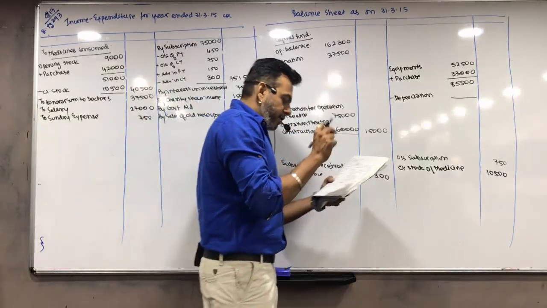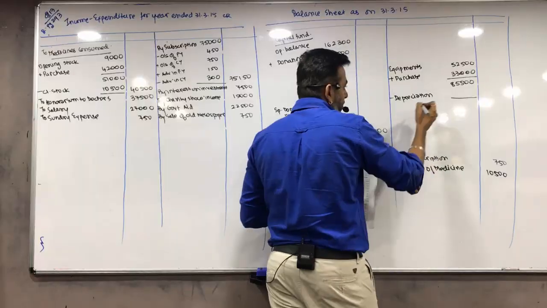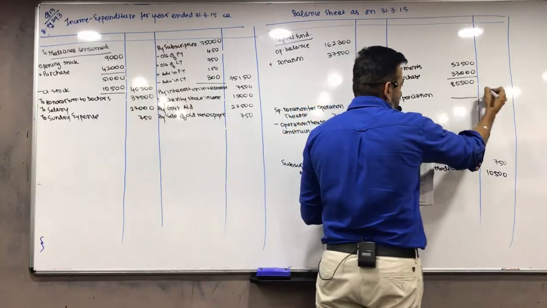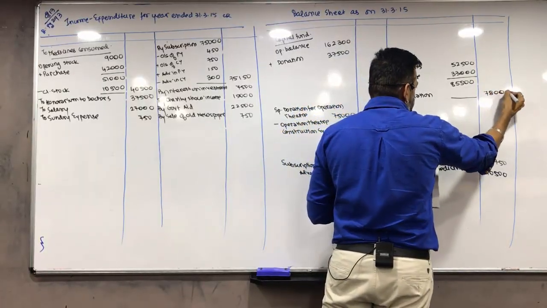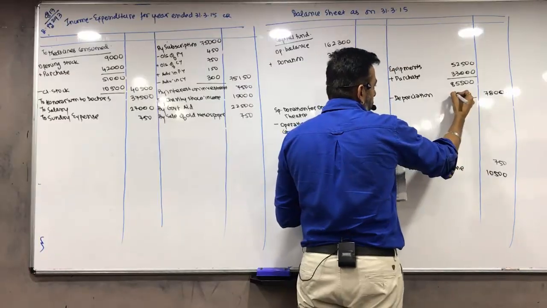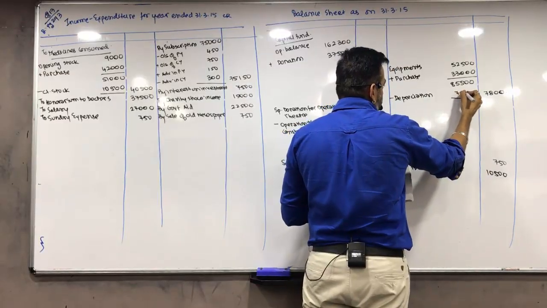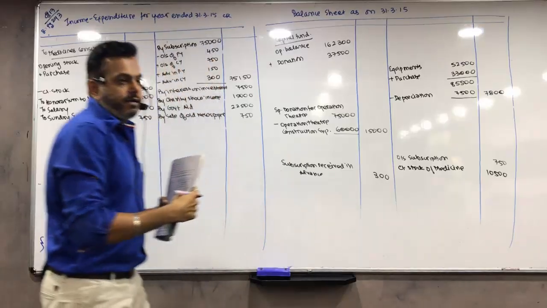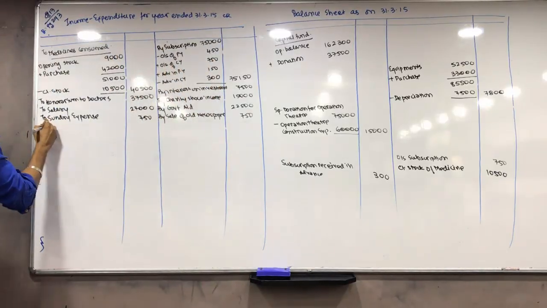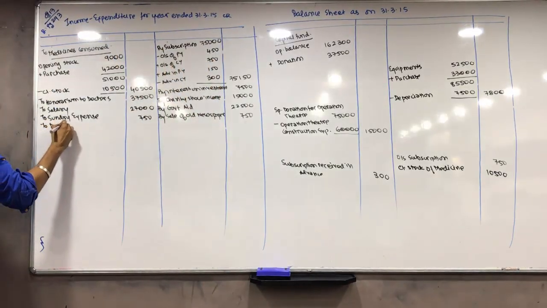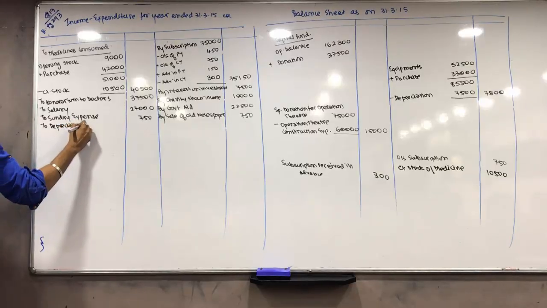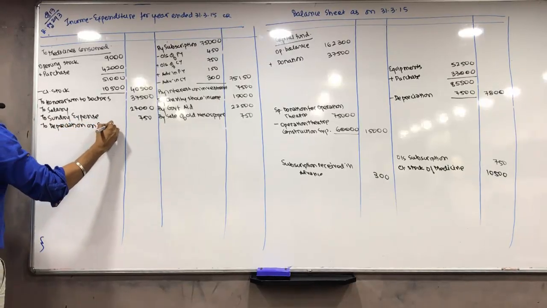So we assume rightfully that this difference is depreciation. So outer column, 78,000. So how much? 7,500. Give the second effect to depreciation on equipment.